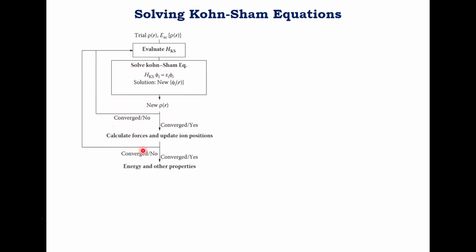For each of the relaxation steps, there will be various internal electronic loops. So for one, you see the output file. For each of the ion position updates, there will be internal electronic convergence, right? So once you obtain the lowest energy position for atoms and molecules, then you will say it is converged.